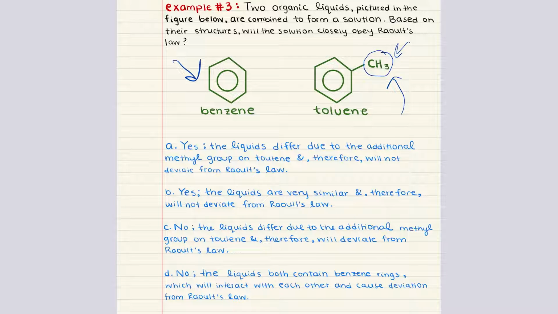But since benzene and toluene are structurally very similar, they're both aromatic hydrocarbons, the intermolecular forces between benzene and toluene molecules is going to be really similar to those between benzene and benzene molecules and between toluene and toluene molecules.